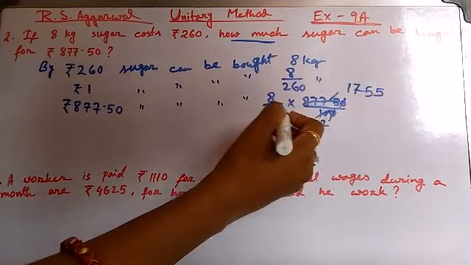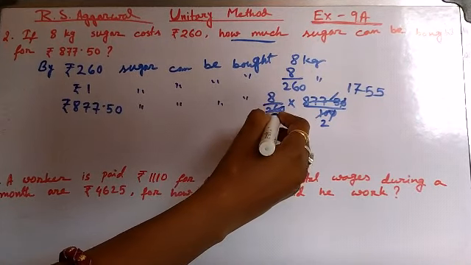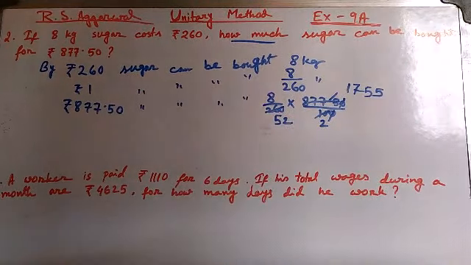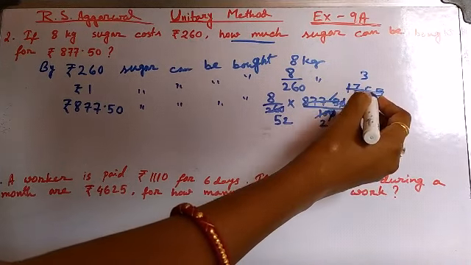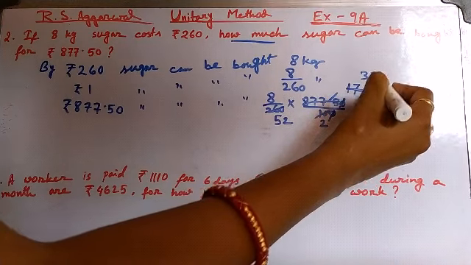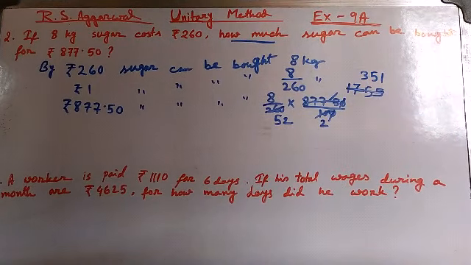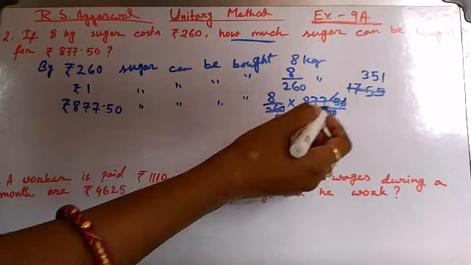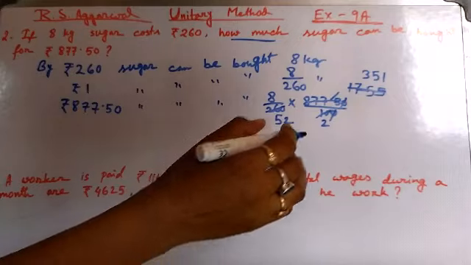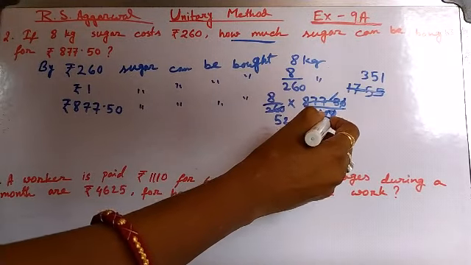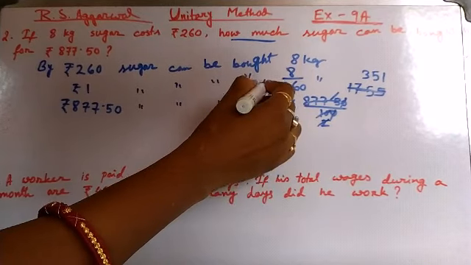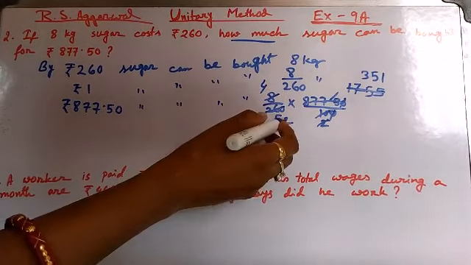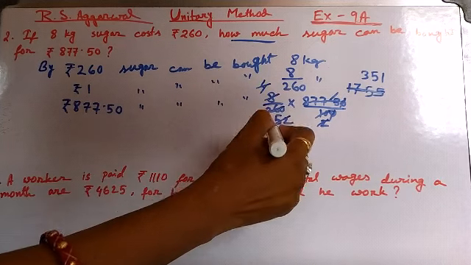Then also it can be cut by 5. 5 5s are 25, 5 2s are 10. Here 5 3s are 15, 5 5s are 25, 5 1s are 5. Then by 52 it can be cut. First 8 and 2 we can cut it by 2, 2 4s are 8, and this 52 will be cut by 4.